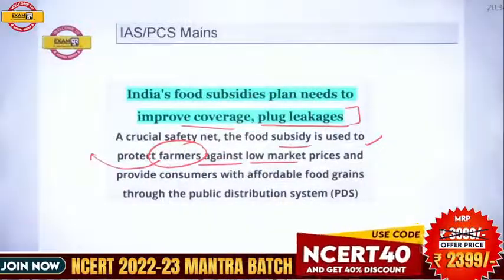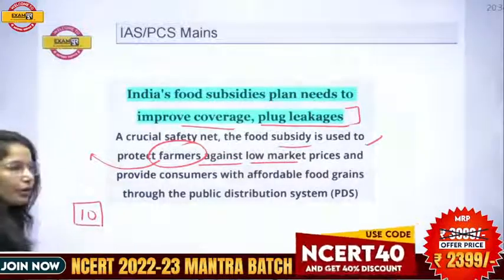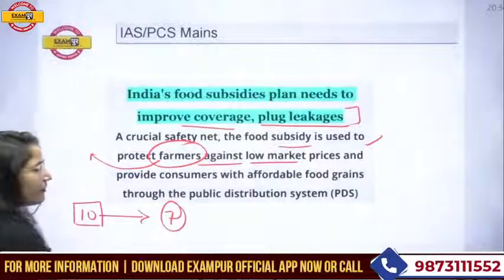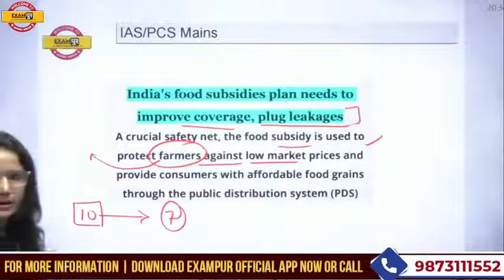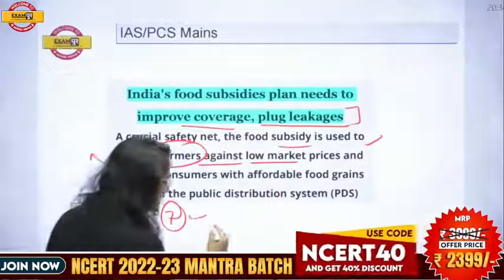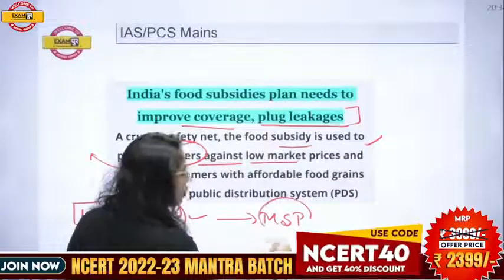Against the low market price, suppose I have produced a product worth 10, but I see the price at 7. Why would I bear that huge loss? So in order to prevent me from these losses, the government is providing me the MSP, the minimum support price. No need to worry.